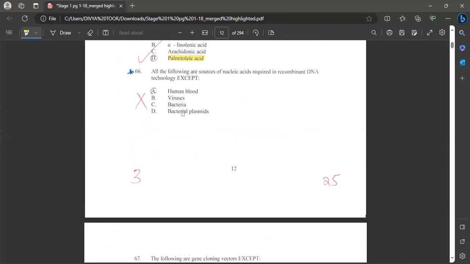Sources of nucleic acid. I was thinking bacteria, because you use bacteria to grow the nucleoid and the plasmids, but I don't know if I was right. ChatGPT said human blood, because typically human blood is what is used.